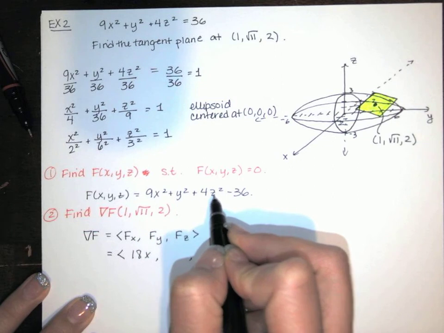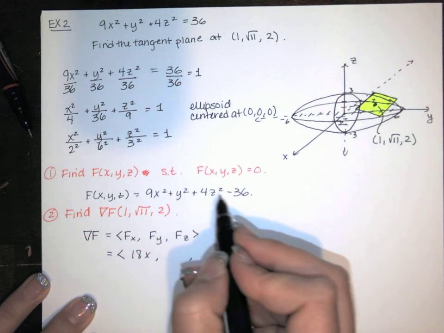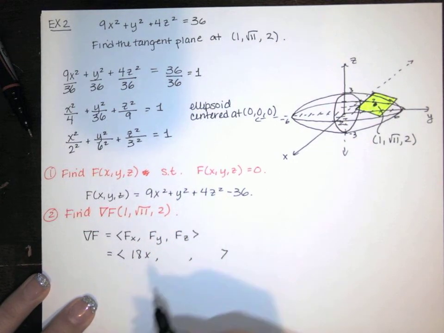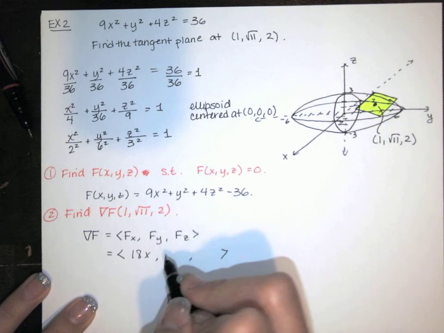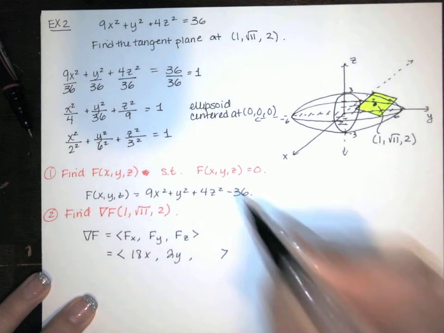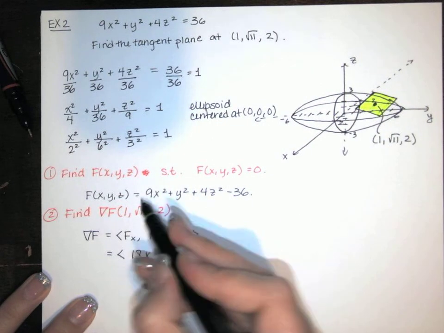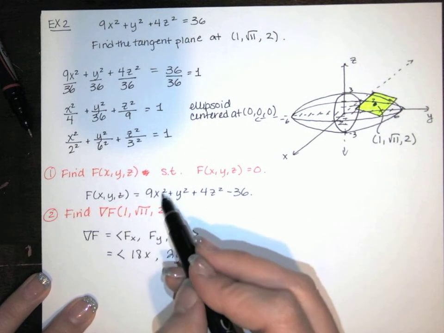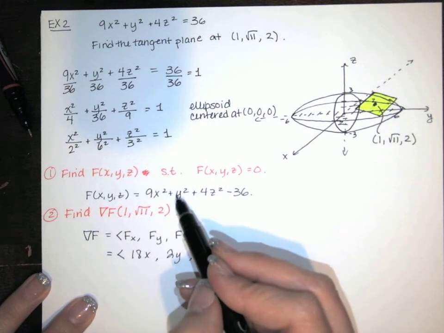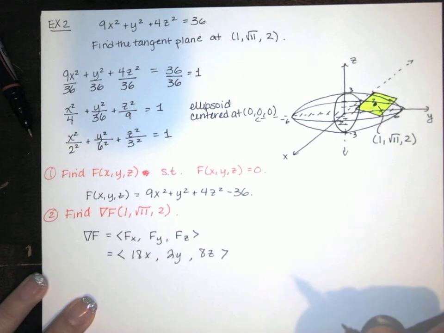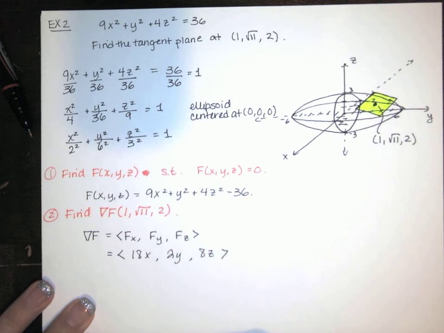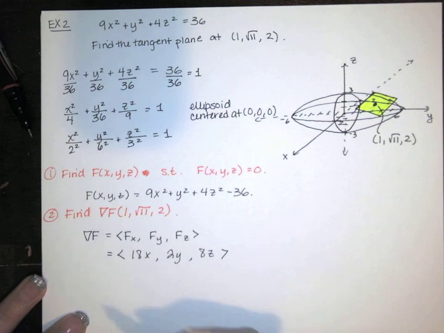There's no x here, here, or here, so the partials of those 3 terms with respect to x are all 0. Partial of this with respect to y, it's 0, 2y, 0, and 0. And the partial of this function with respect to z, there's no z's, so that's 0, 0, 8z, and 0. All right, now we want to evaluate it at this point, 1, square root of 11, and 2.